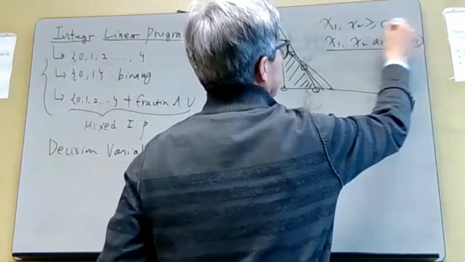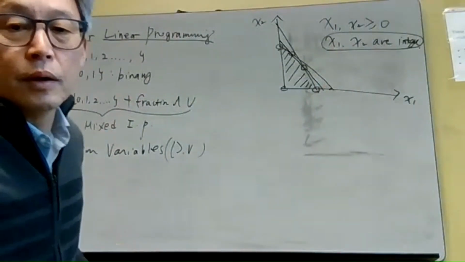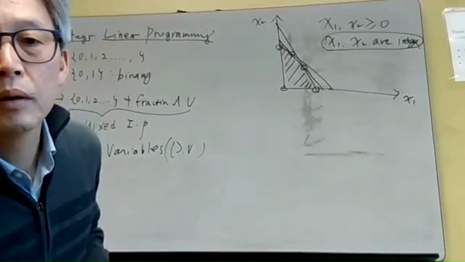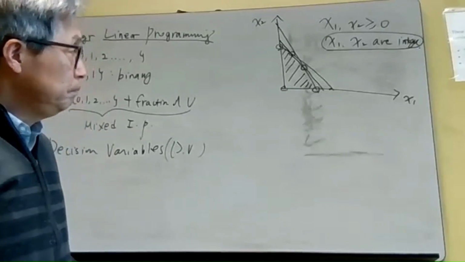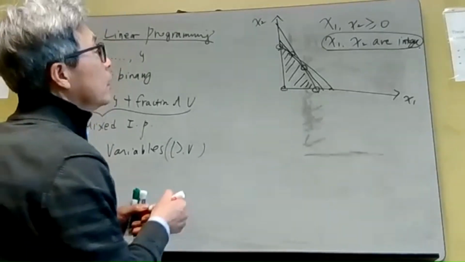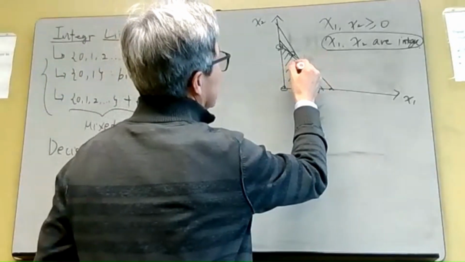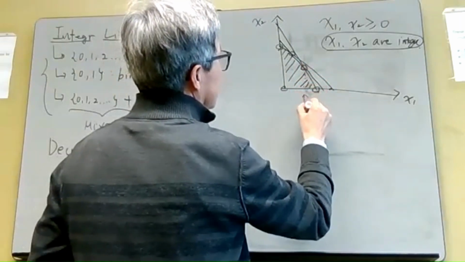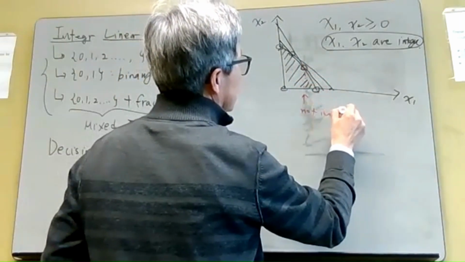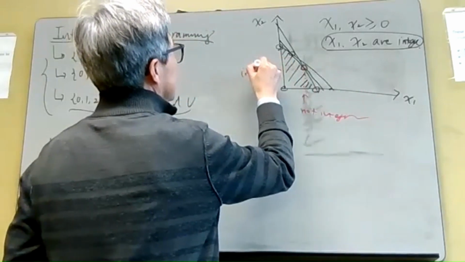So this is our new constraint. From this, we know this point was our best solution, but this was not an integer, and x2 was not an integer.